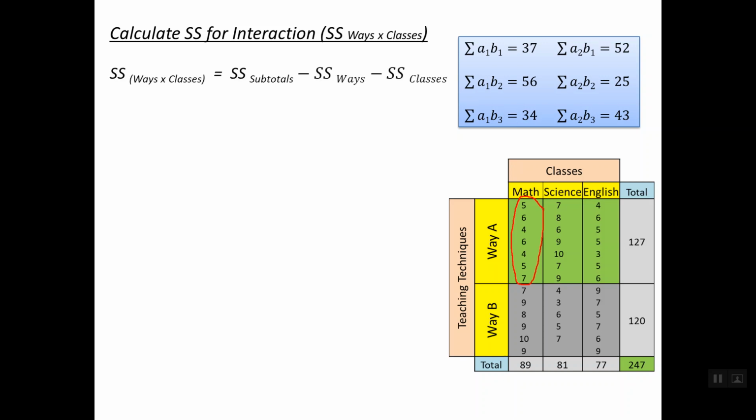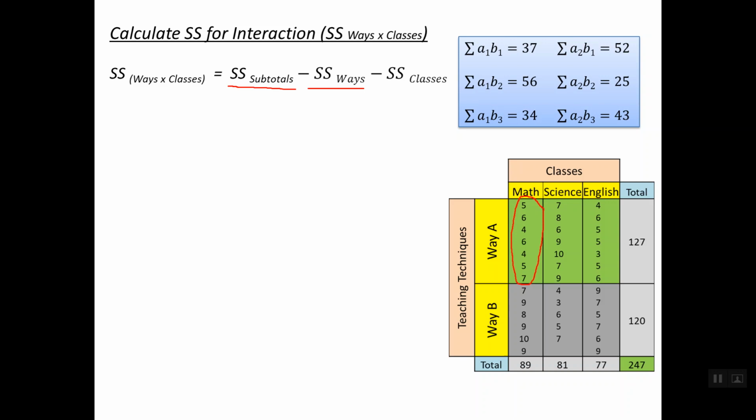So first, the formula to calculate the SS for the interaction: we need first to calculate the unknown value, which is called the SS for the subtotals. And SS subtotal is simply the SS for the 6 groups.